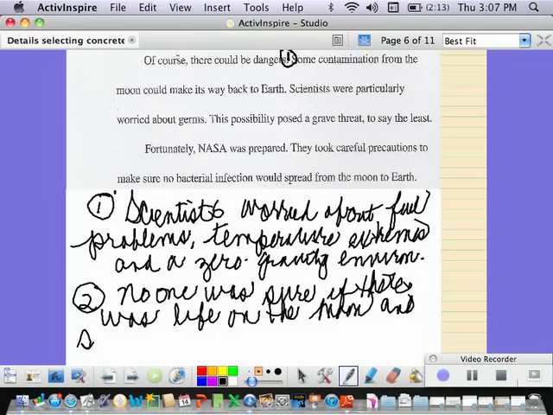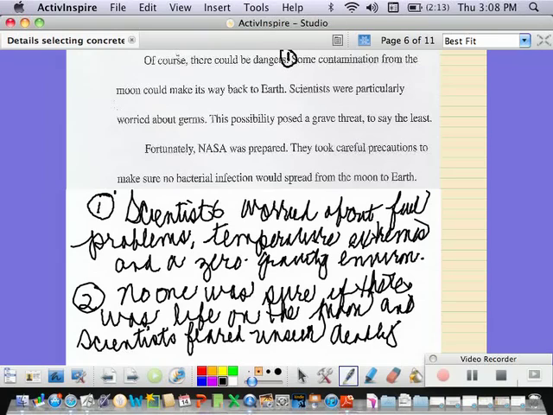And scientists feared unseen deadly, here's where the bugs come in, microorganisms. All right, now listen to what we have. Of course there could be dangers. Scientists worried about fuel problems, temperature extremes, and a zero-gravity environment. And then no one was sure if there was life on the moon, and scientists feared unseen deadly microorganisms.